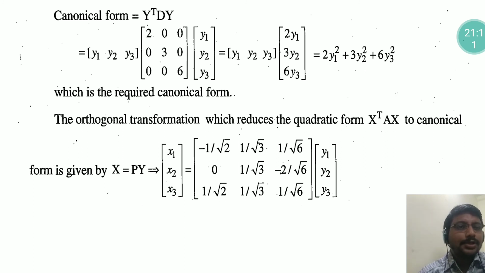Now the orthogonal transformation, which reduces the quadratic form to canonical form, is given by x equal to Py, the normalized model matrix P multiplied with y. So what is y here? y1, y2, y3. So it is the required orthogonal transformation, which reduces the quadratic form to canonical form. Clearly x1, x2, x3 are transformed to y1, y2, y3. So it is the required orthogonal transformation.